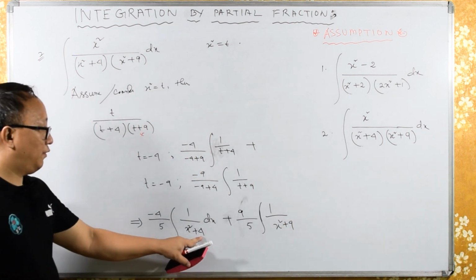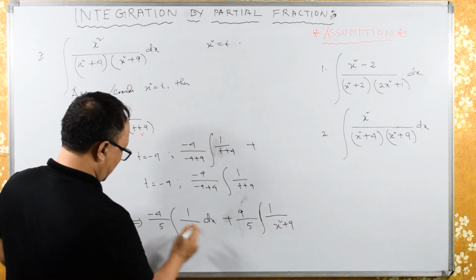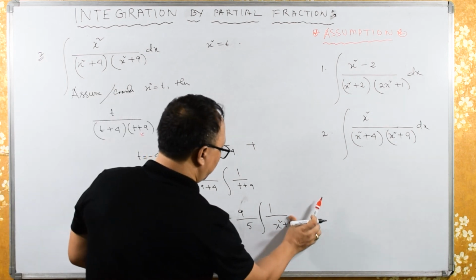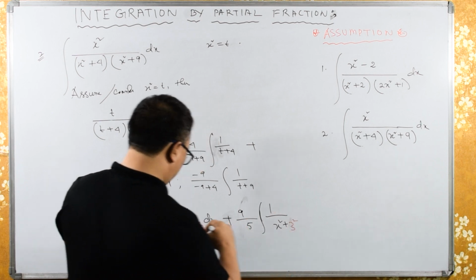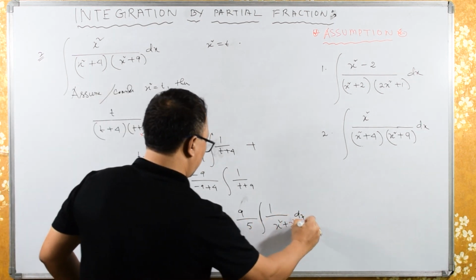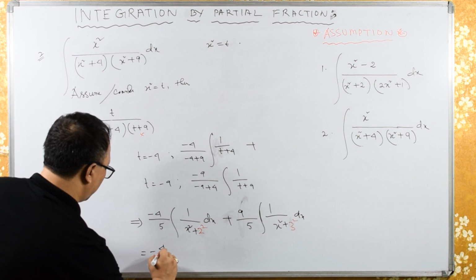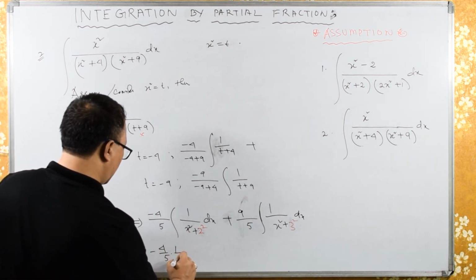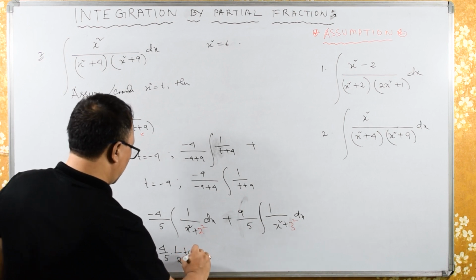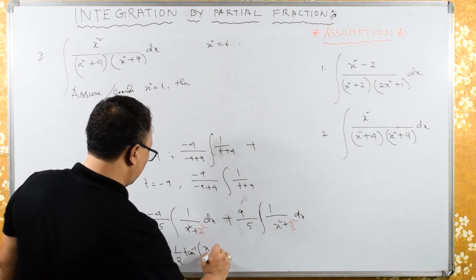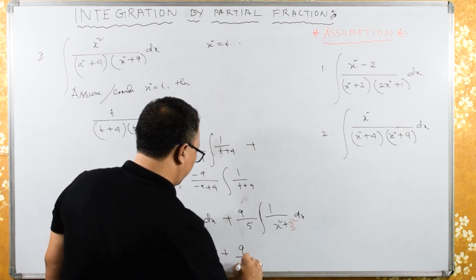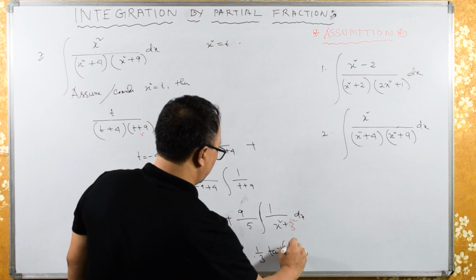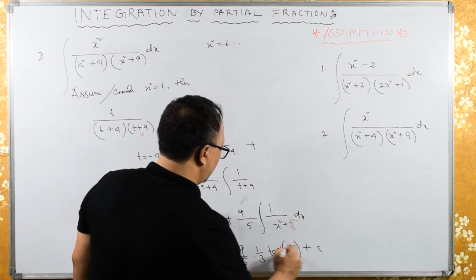So 4 is same as 2 square, and 9 is same as 3 square. Therefore this is minus 4 upon 5, with x square plus a square giving 1 by a, 1 by 2 tan inverse x by 2, plus 9 by 5, 1 by a means 1 by 3 tan inverse x by 3, plus some constant.